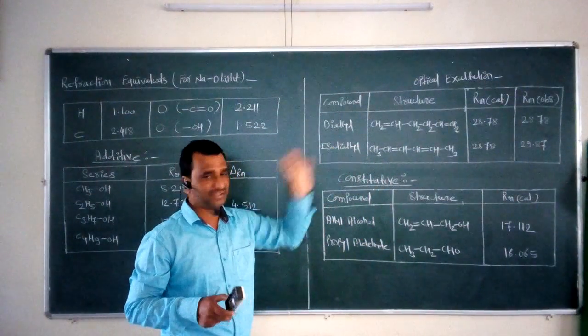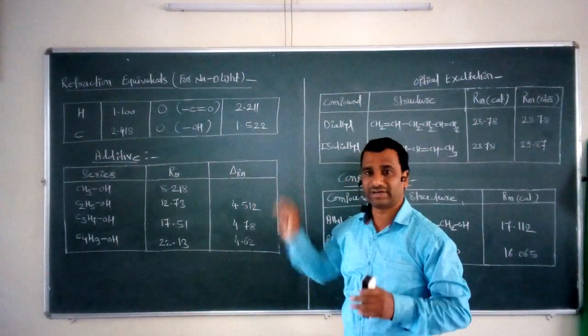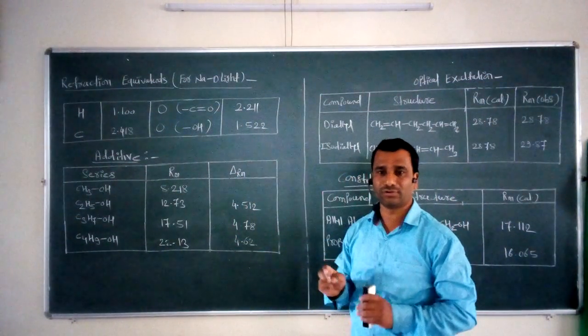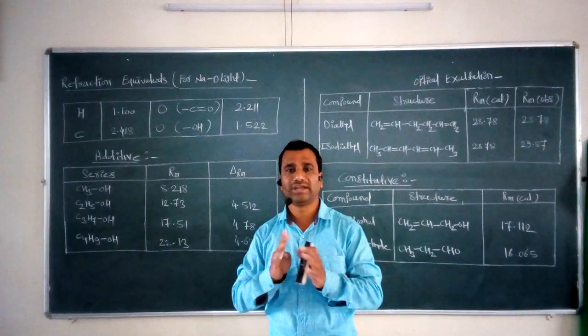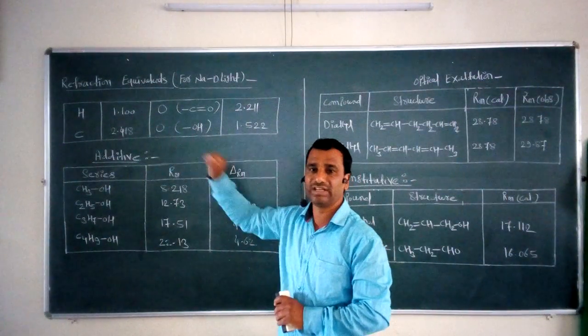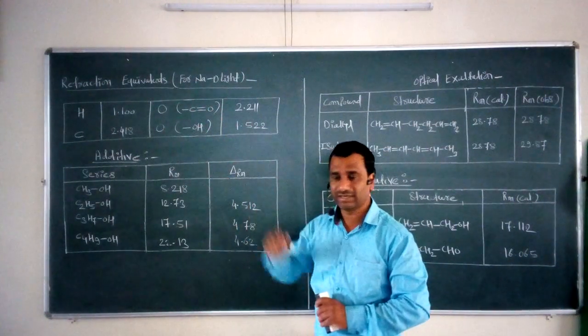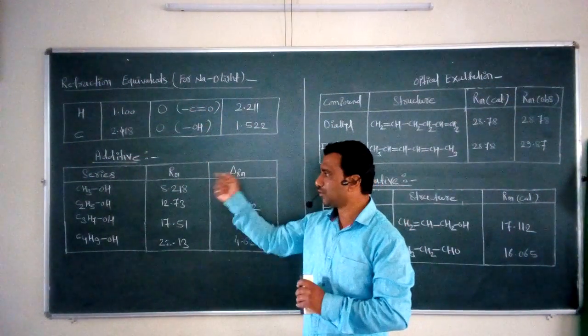By considering these four different tabular data, first, second, third and fourth, we discuss four different properties of molar refraction. In the first table, we discuss atomic refraction equivalents. In the second, we consider additive property, why molar refraction is called an additive property.